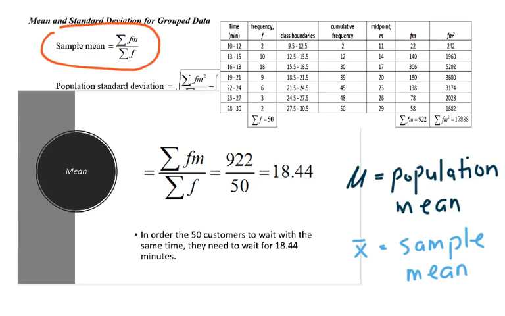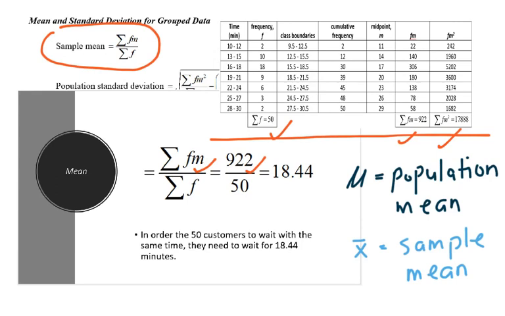Go back to the table that we just came up with, with the 5 additional pieces of information. We have 3 sums: total of F, total of Fm, and total of Fm squared. We just substitute the values of the sums into our formula. The total of Fm from our table is 922.